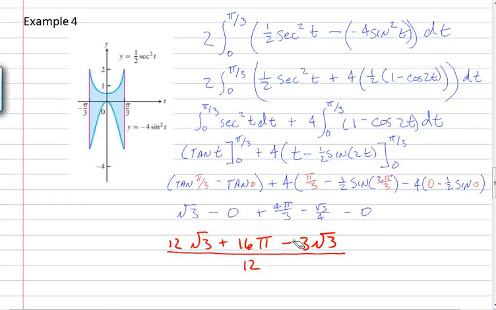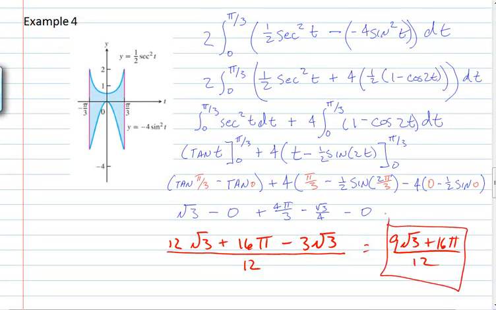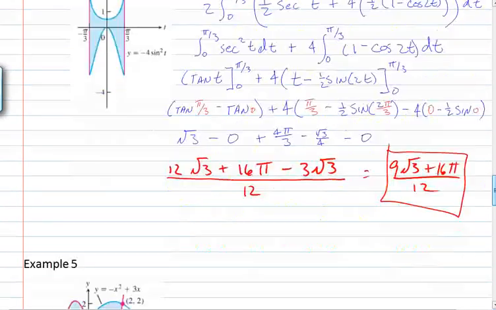Well, 12 minus 3 is 9. So that's 9 square roots of 3 plus 16 pi all over 12. That can't simplify. That's as simple as it can get. By the way, that's the exact value, and that's what I would want.